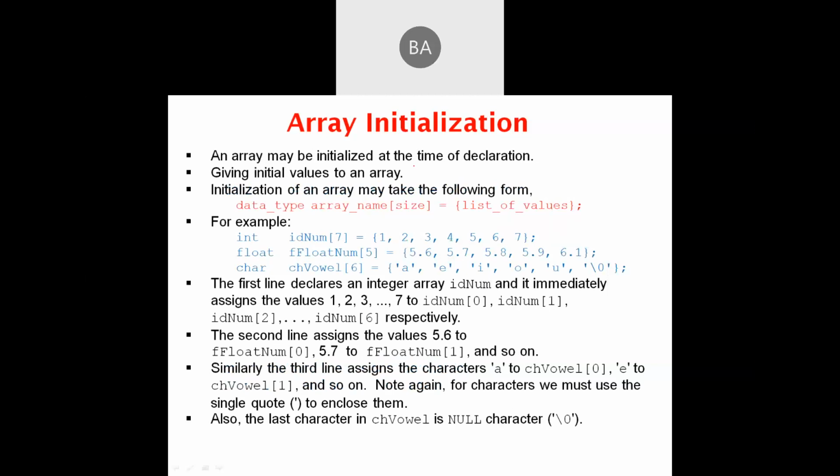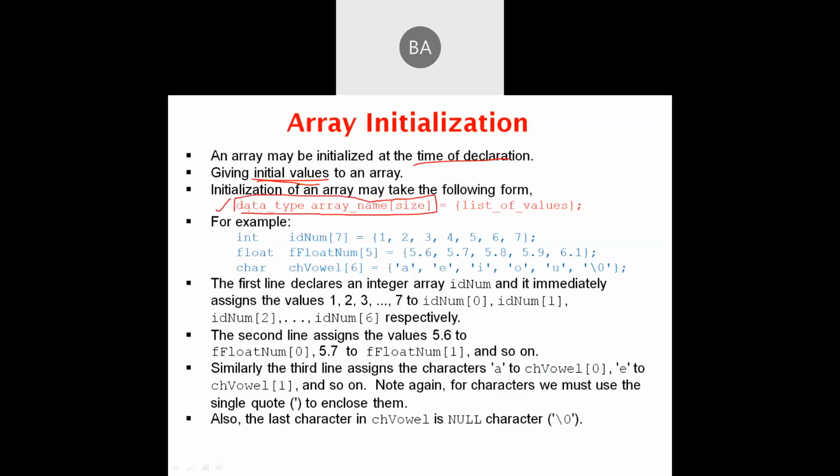That is called array initialization. The initialization is done by assigning some values to the array. This is the syntax we follow if we want to initialize the array at the time of declaration. Up to this point it is called the array declaration syntax.